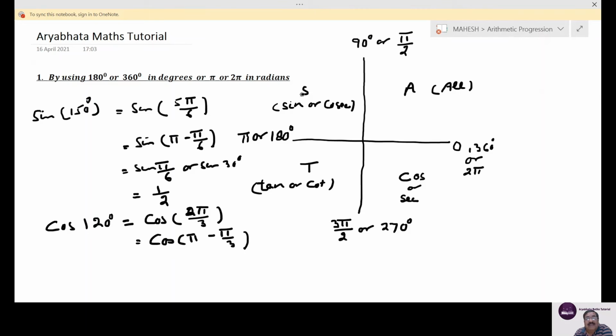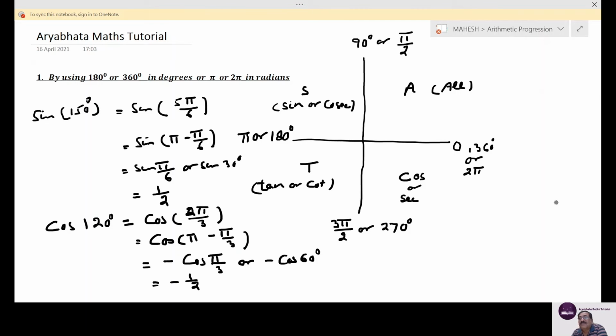Pi minus pi by 3 will be in the second quadrant, and in this quadrant only sine and cosec are positive, therefore cos 120 will be negative. Therefore its value will be minus cos pi by 3, or minus cos 60 degree, therefore its value is minus 1 by 2.